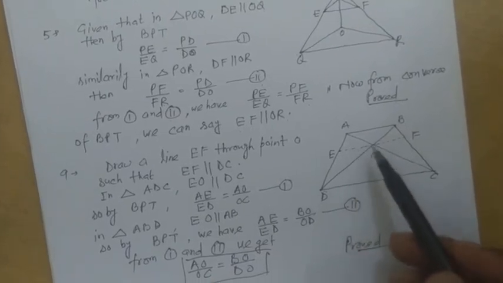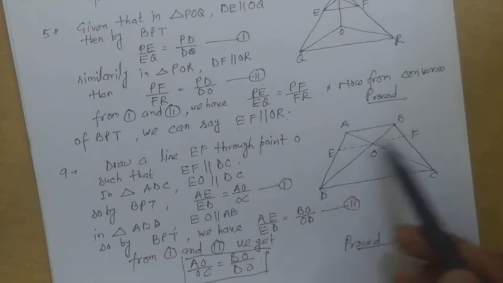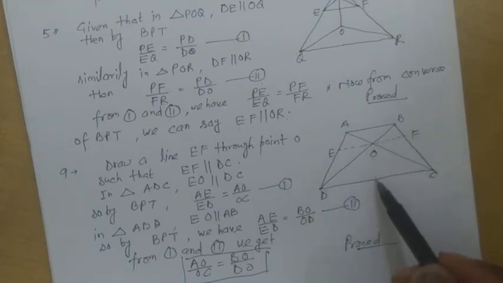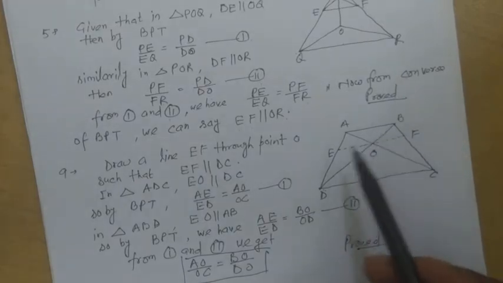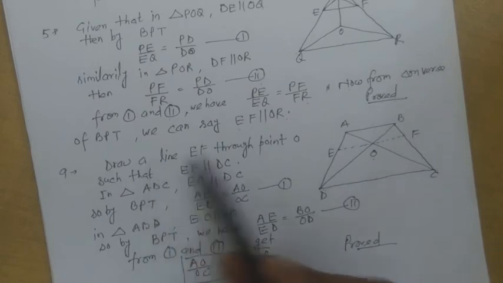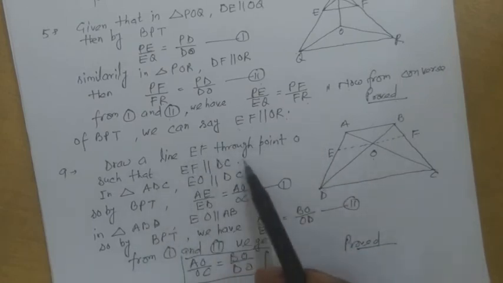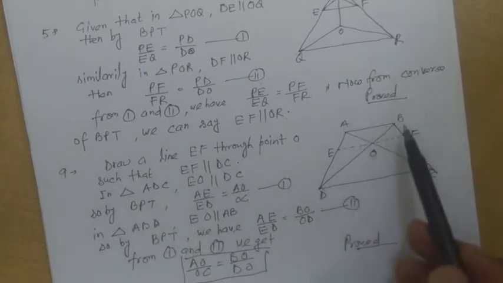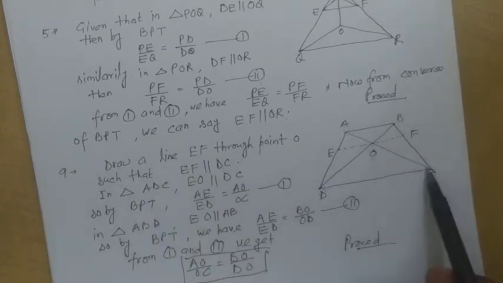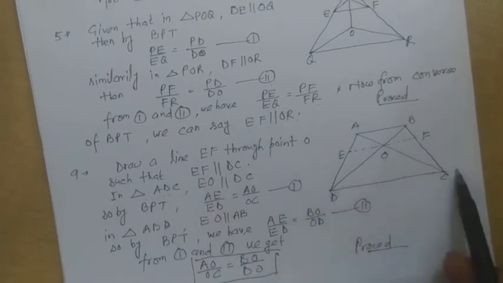We make a simple construction: we draw a line EF which is parallel to CD and also parallel to AB. Draw a line EF through point O such that EF is parallel to DC. In triangle ADC, EO is parallel to DC.